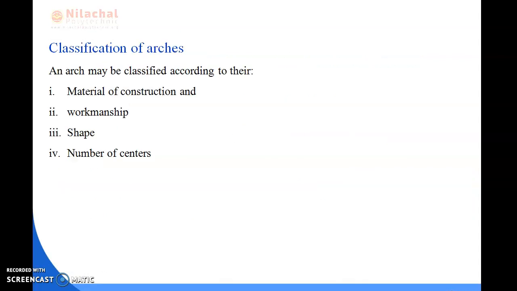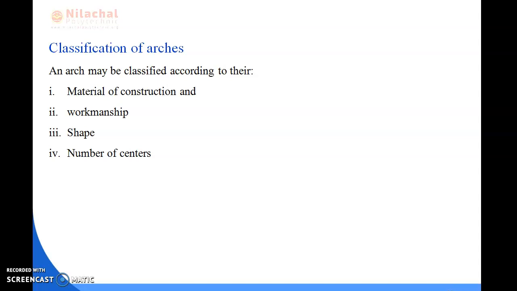So next, what are the classifications of the arch? An arch may be classified into the following: materials of construction, workmanship, shape, and number of centers. So the arch has been classified into 4 types. First is materials of construction, from which materials we can construct the arch, like brick, timber, steel, reinforced cement concrete.